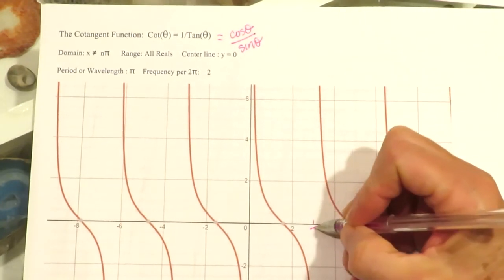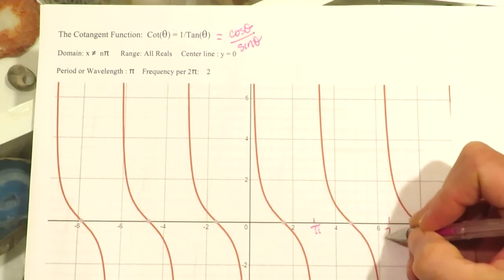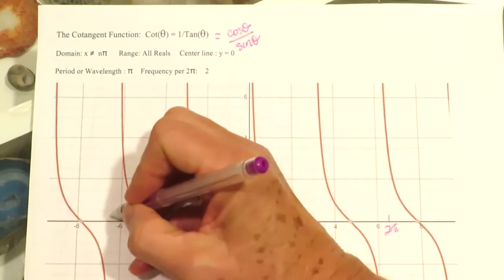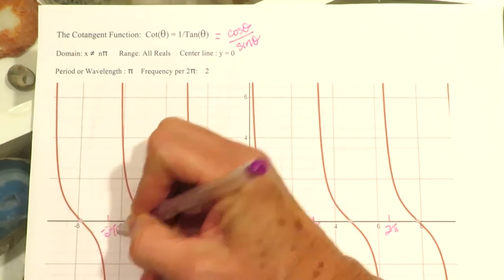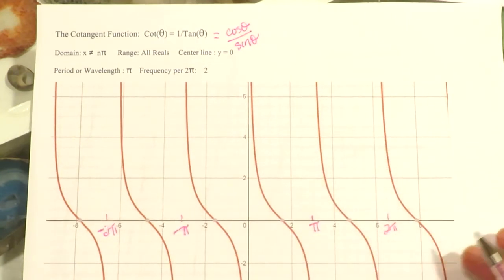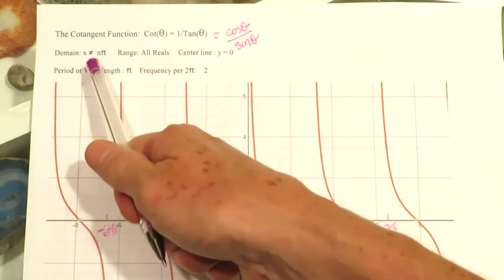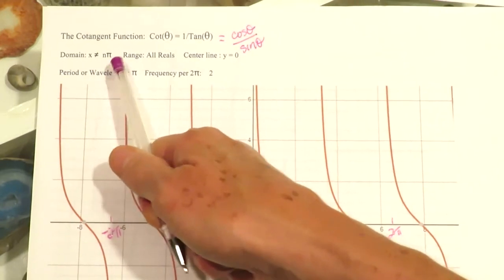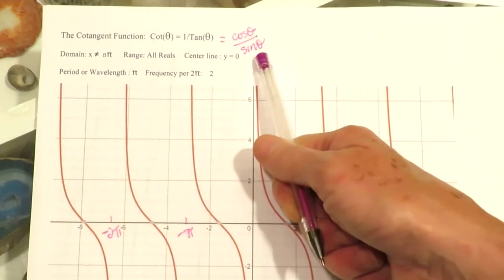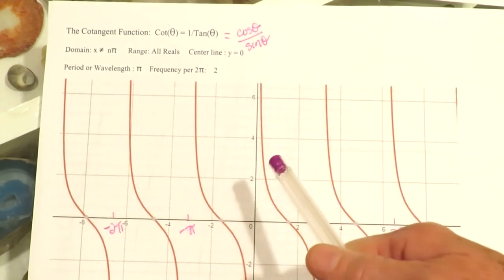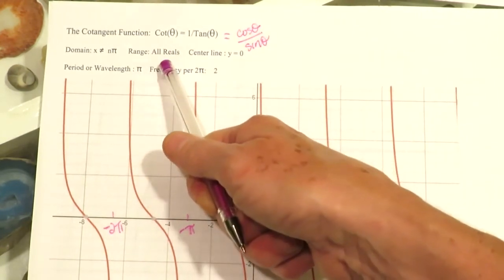So at 1 pi, at 2 pi, at negative pi, at negative 2 pi, etc. And then those are the values that are excluded from the domain. So the domain is x cannot be any multiple of pi because it'll make sine 0 and dividing by 0 is undefined. But like tangent, the range is all real numbers.